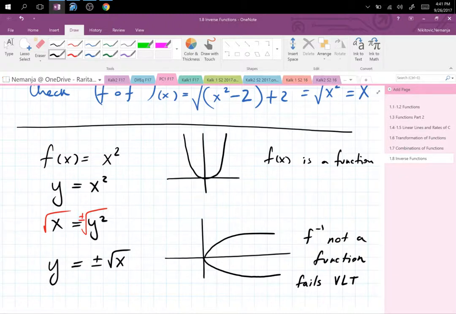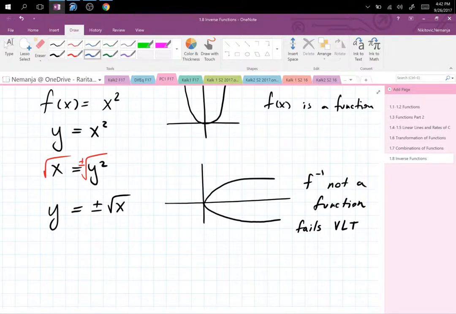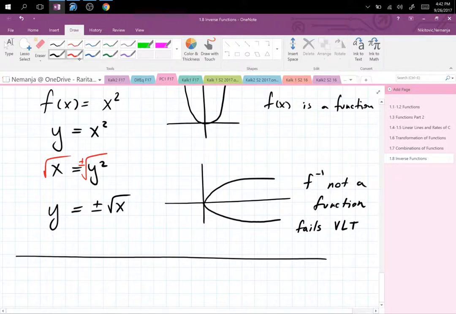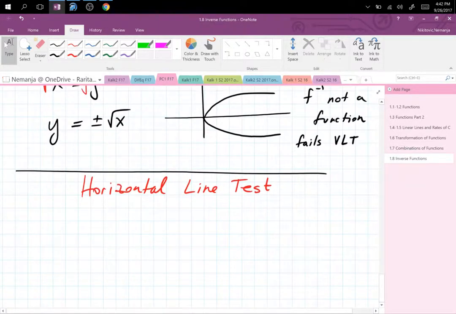So now we have this issue, and we see that the inverse is not a function. So what we have now is something that we call horizontal line test. If you apply horizontal line test on the f of x, it is going to pass or fail.